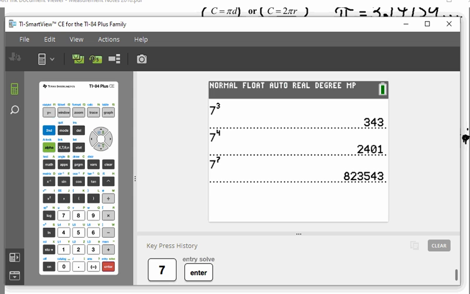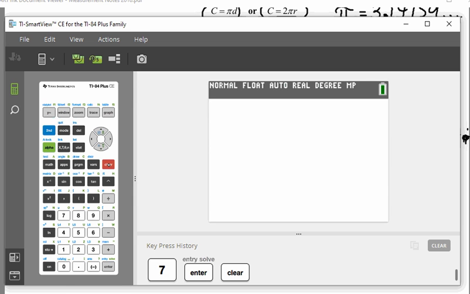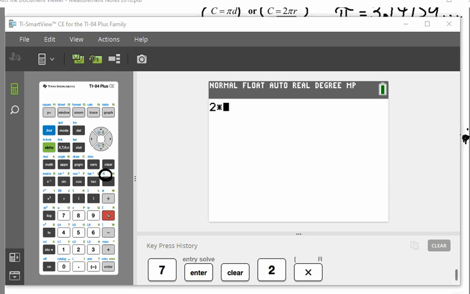On our calculator, if I want to go 2 pi r, circumference would be 2 times, take a note, might be hard to see on the calculator, the little blue button above our exponent button. I get that by hitting second function.